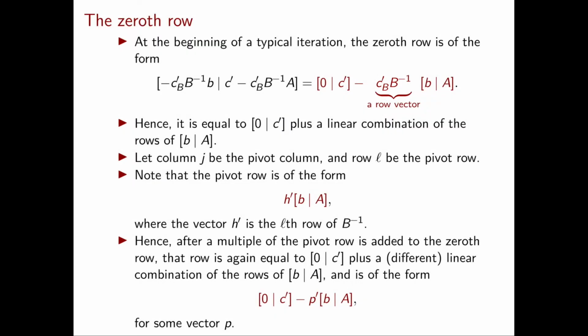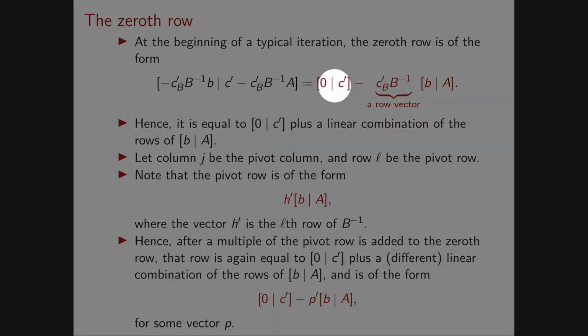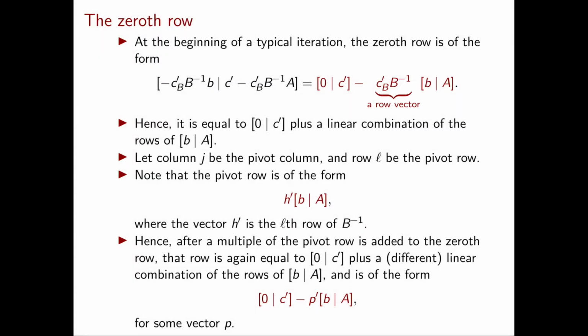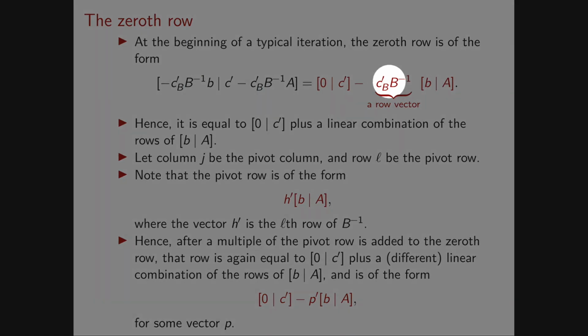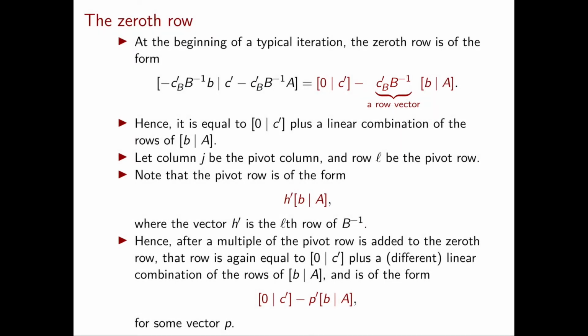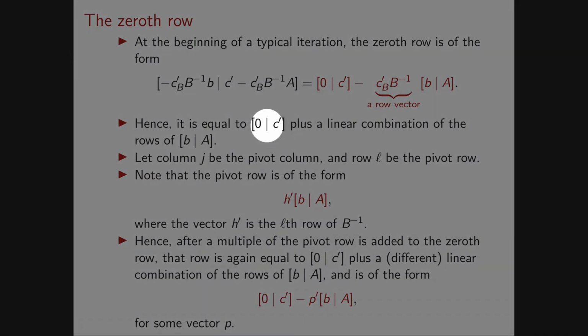So in particular, I can say that the 0th row is equal to 0 C transpose plus a linear combination of the rows of BA. The coefficients of such a linear combination are given by the entries of this row vector. Now, what I want to show to you in this slide is that after performing the elementary row operations in the 0th row, we will still have a similar structure.